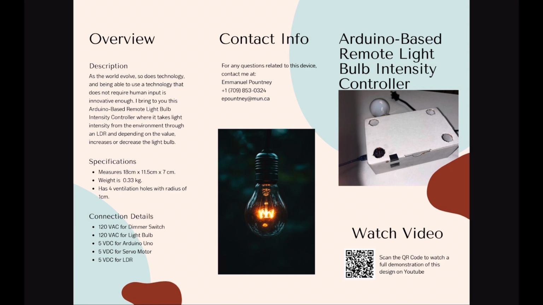I bring to you this Arduino-based remote light bulb intensity controller, where it takes light intensity from the environment through an LDR sensor, and depending on the value, increases or decreases the light bulb. So in the beginning of this video, I went through the entire functionality of this project, and you saw that it's very easy to interact with. It doesn't really require much human input.